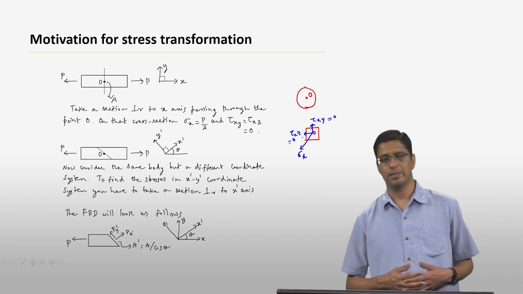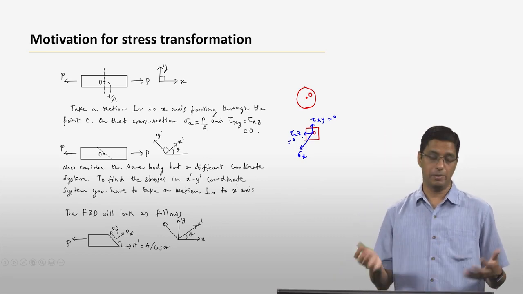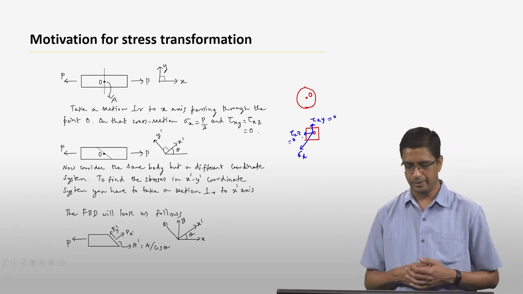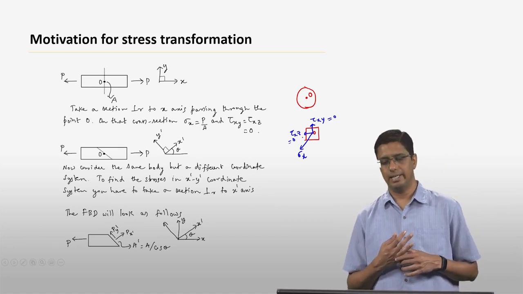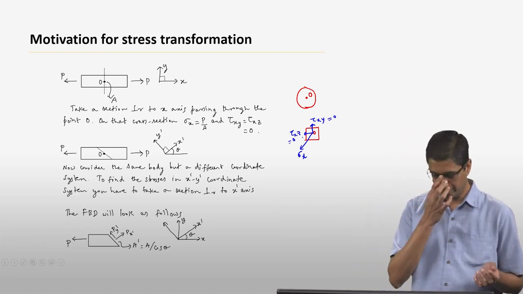There's only a normal stress, a normal force. So essentially, you're going to have only sigma x, and tau xz and tau xy are both equal to 0.